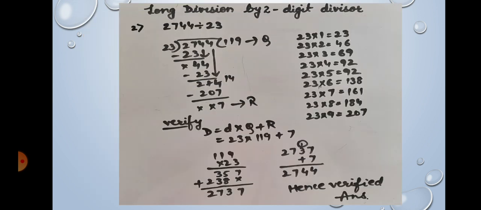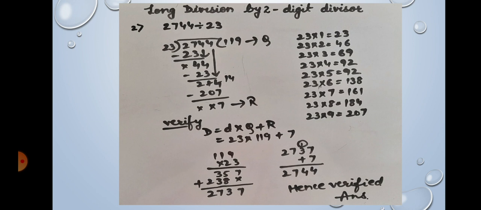In next example, as you are seeing the number 2744 divided by 23, we are going to write down the table of 23 again first. Now the first two digits of 2744 would be selected, as it is a two-digit divisor. So 23 is closer to 27, so 1 we will place in the quotient and 23 we will write below 27.